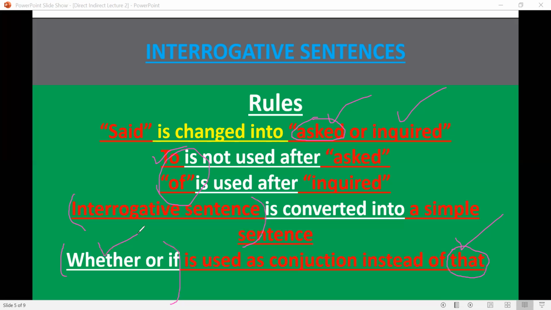These two conjunctions are used to express some kind of question. That is why we convert interrogative sentences into simple ones. Are you going? We convert it into you are going, because we are using it as whether you are going. Whether encompasses the question side of that sentence.